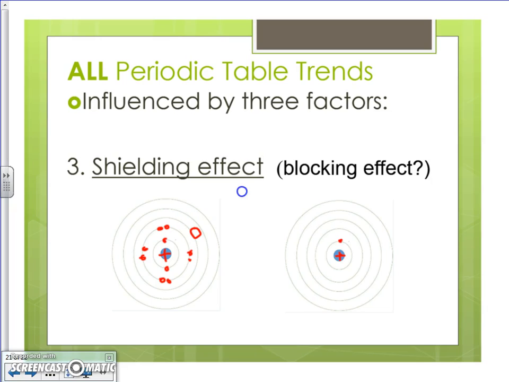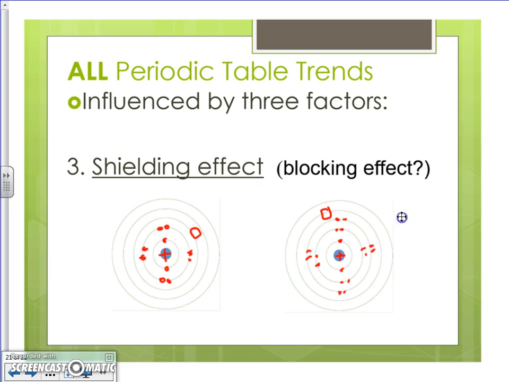Where over here, I have 8 electrons, 1, 2, 3, 4, 5, 6, 7, 8 electrons there. Now right here, I now have 3 layers of electrons. So kind of looks like that idea of number of rings, but it has to do with the electrons inside.